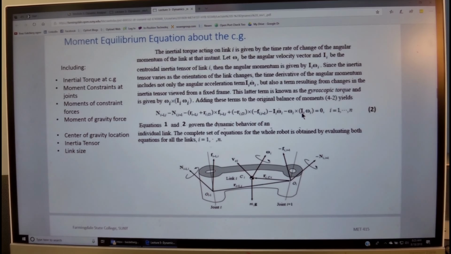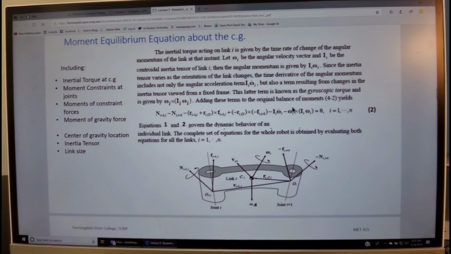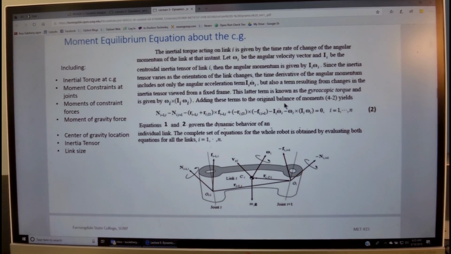So the angular momentum is I times omega i, a matrix times a vector, and then we cross it with omega i. And for this element over here, we still have the minus sign. This whole term is the inertial moment. This term over here is the so-called gyroscopic torque.